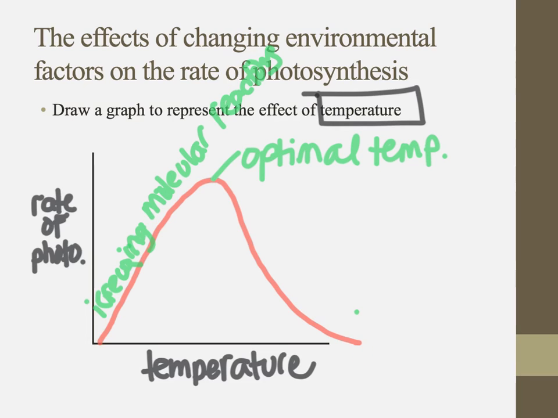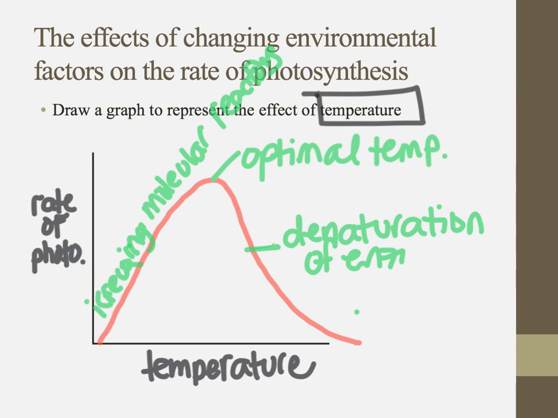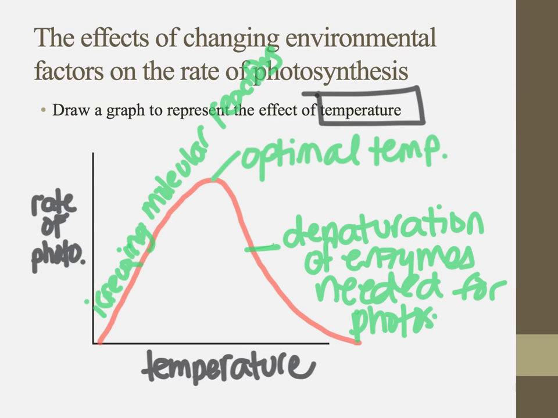Well, just like with almost every other metabolic process, photosynthesis is controlled via enzymes. So if we increase the temperature too much, we get a denaturation of enzymes needed for photosynthesis.